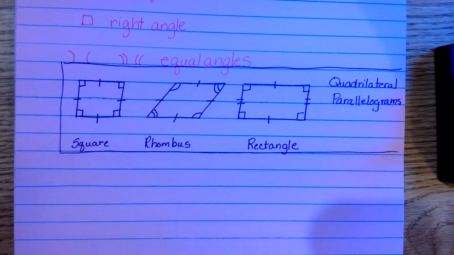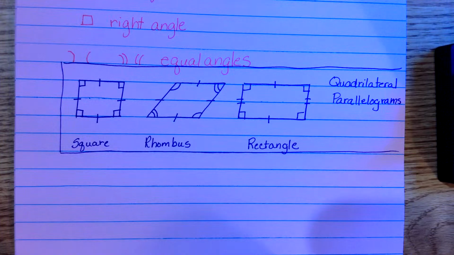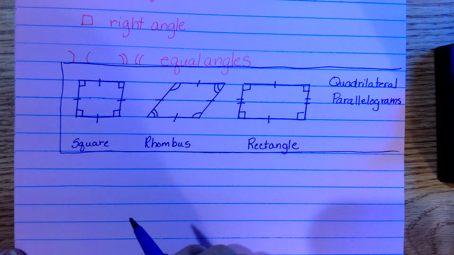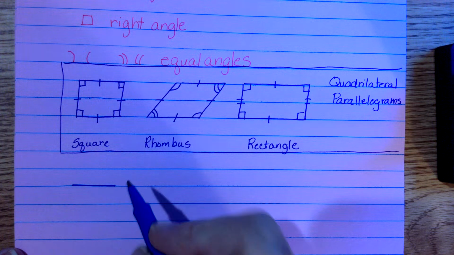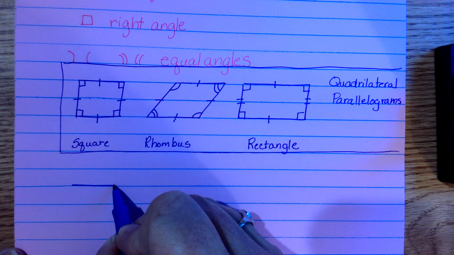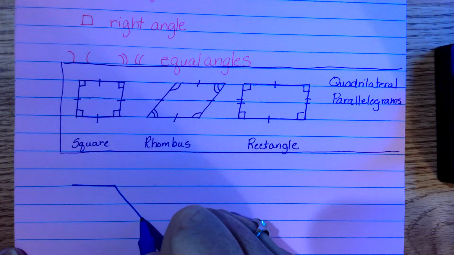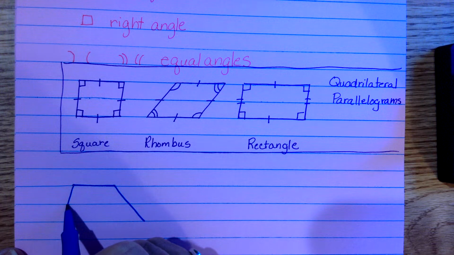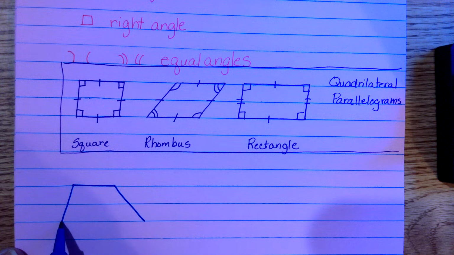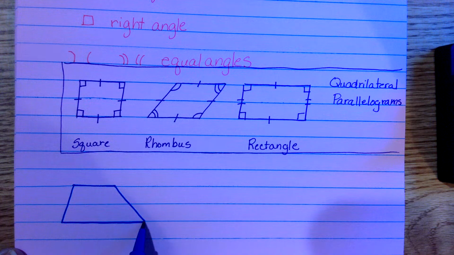All right, so now we have some that are just quadrilaterals. They are not parallelograms. And again, with the trapezoid, it may not have any matching sides. It may not have any matching angles. It just depends on the shape. So there's a trapezoid right there.